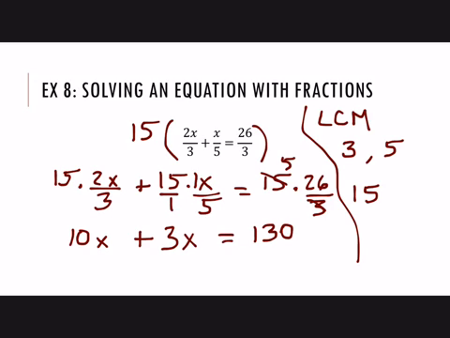And so notice now the fractions have cleared. We have denominators of 1, they're not even written here. So now we can just proceed as normal. So 10x plus 3x, we would combine like terms, and then divide both sides by 13. And we see that the answer is x equals 10.